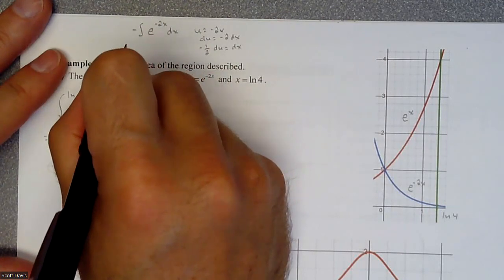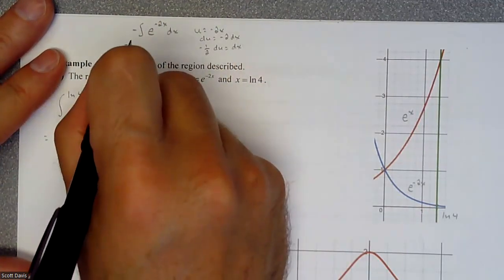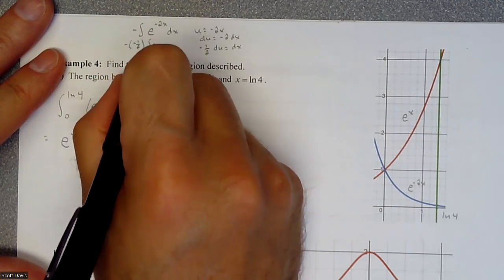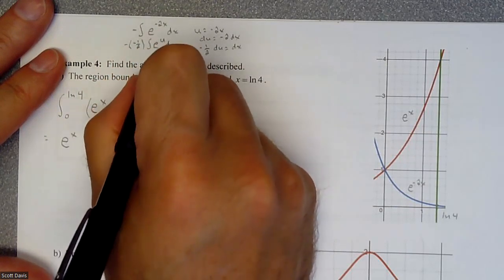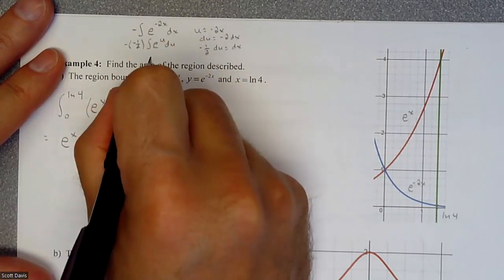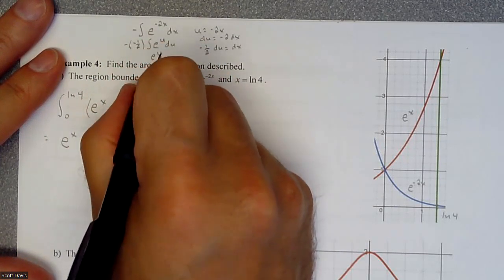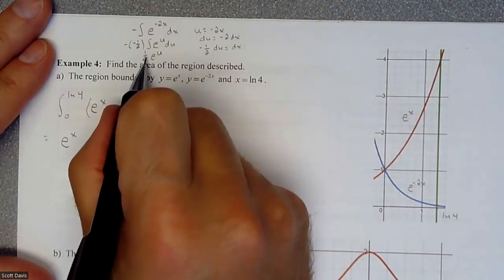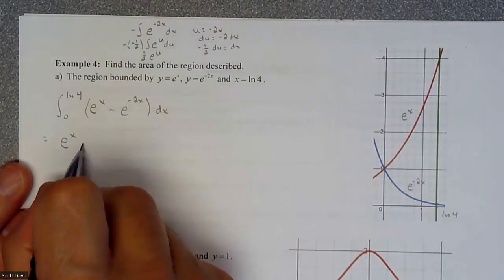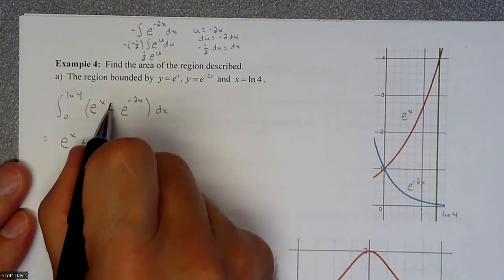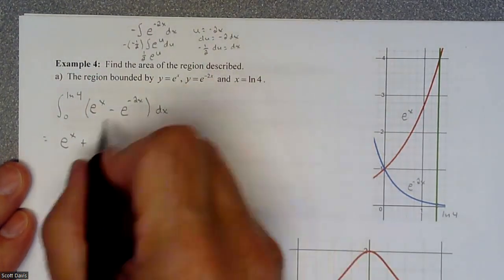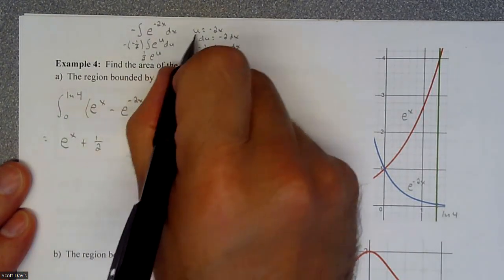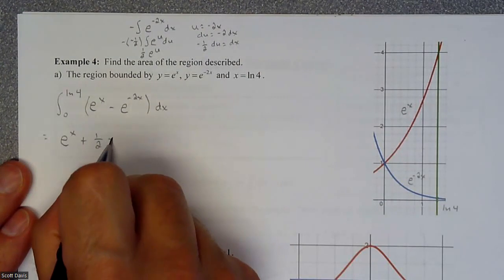So then I would have a negative 1/2 antiderivative of e to the u du, and that would become e to the u with a positive 1/2 in the front. So that's my antiderivative. It turned positive because I brought that negative with the work that I did. It turned positive 1/2. And now instead of u, I can put my negative 2x back in.